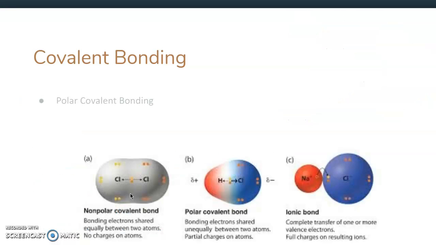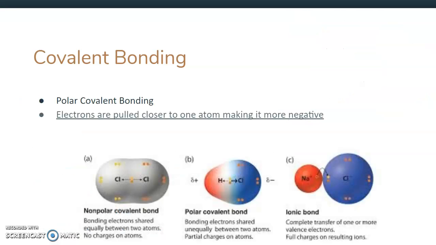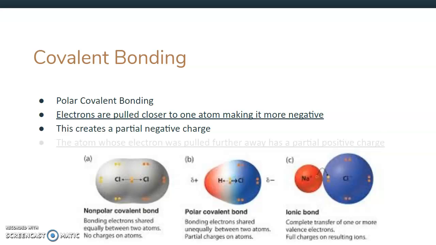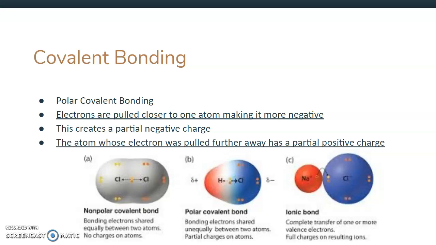So, covalent bonding, we have polar covalent bonding. Electrons are pulled closer to one atom, making it more negative, which creates a partial negative charge. The atom whose electron was pulled farther away has a partial positive charge.